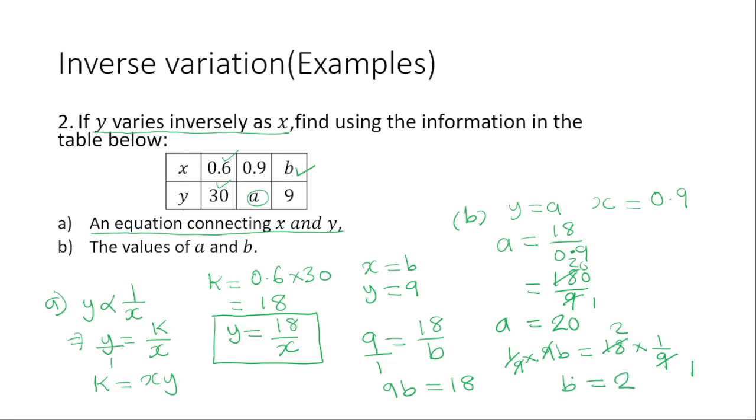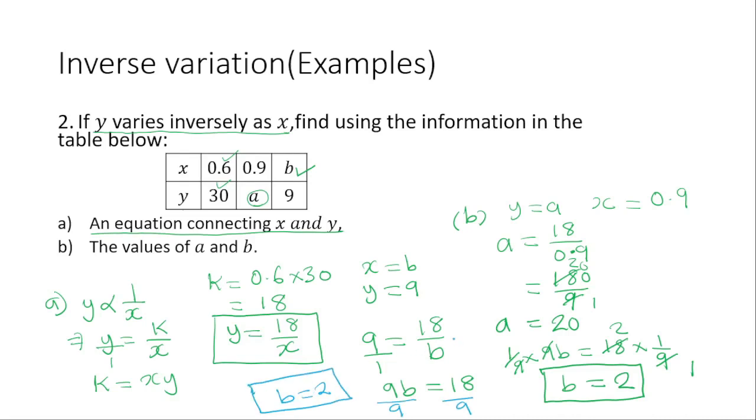Why use the multiplicative inverse? You're complicating matters. The other way to do it, what we usually do, is we divide both sides by 9. So b will be equal to 2. That is a shortcut.